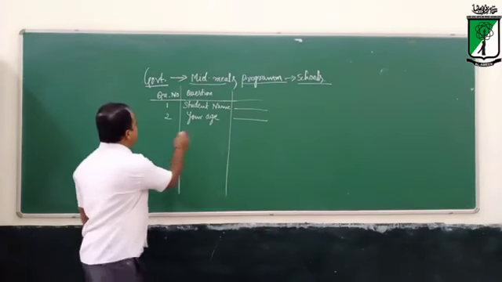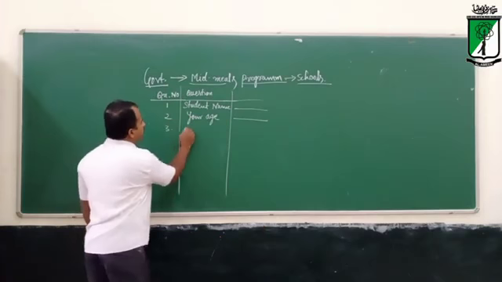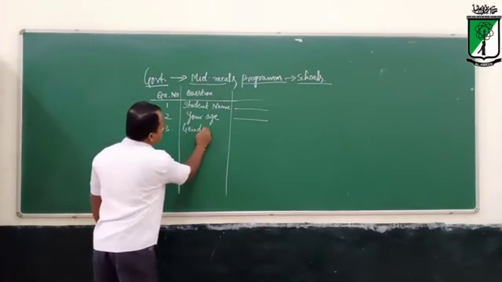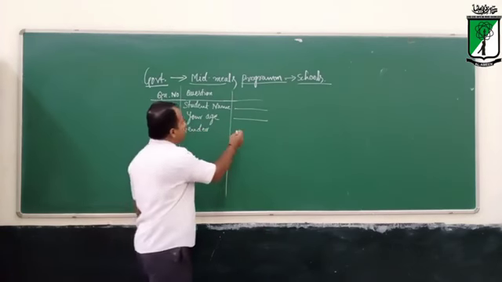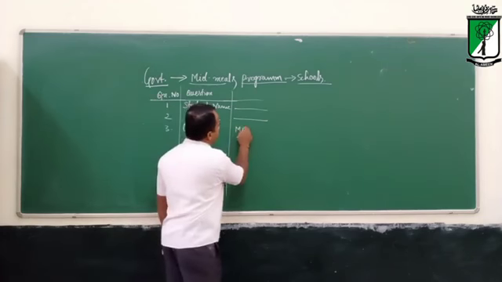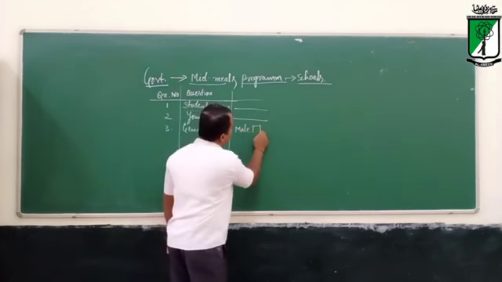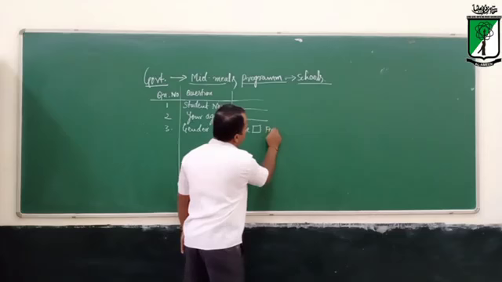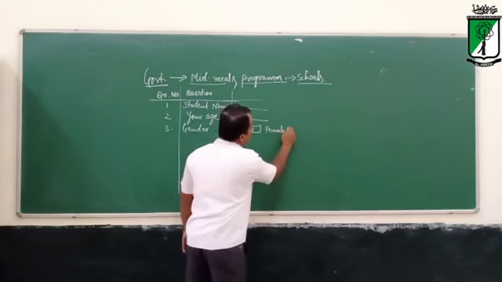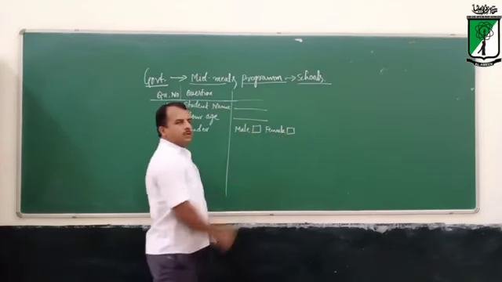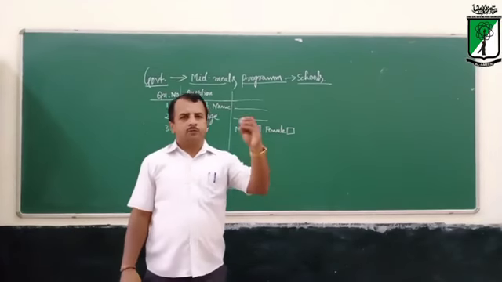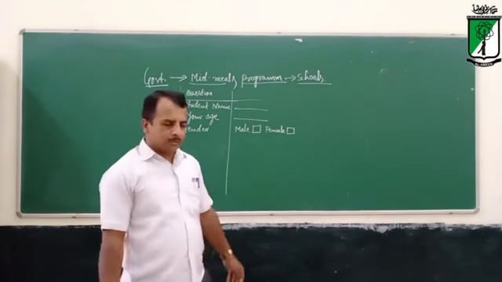Then age afterwards, then gender. For gender, they may give options like male, one box, female, here also one box. So whichever is applicable, they can tick.